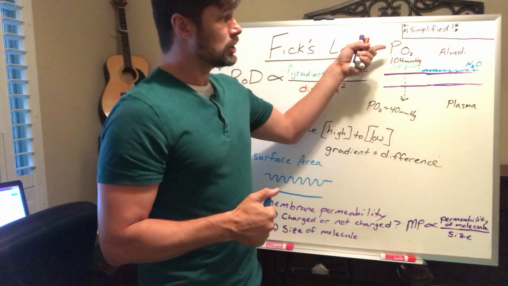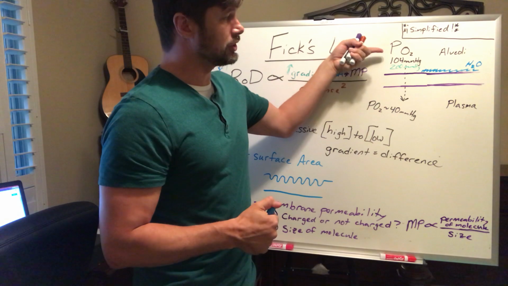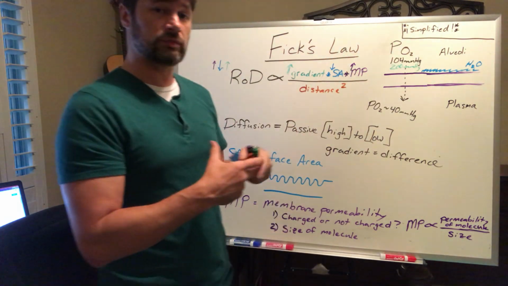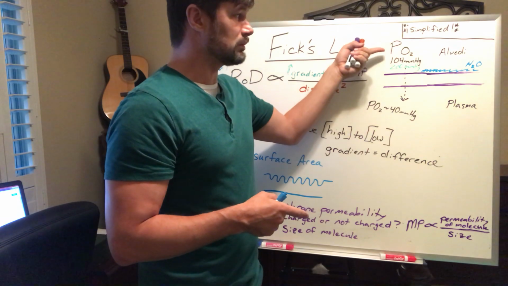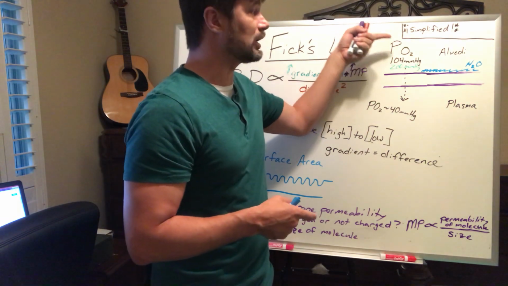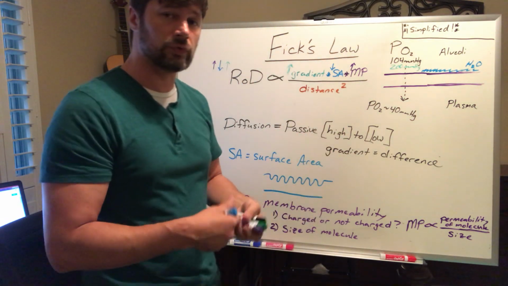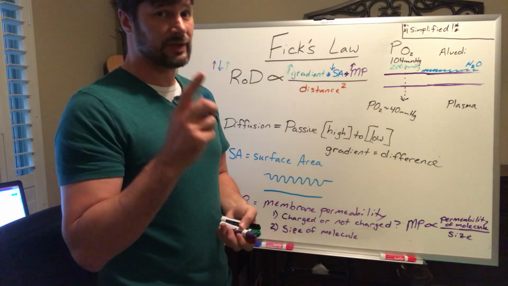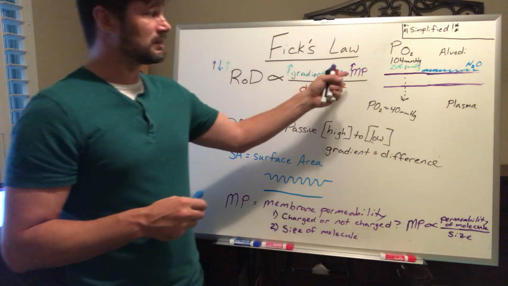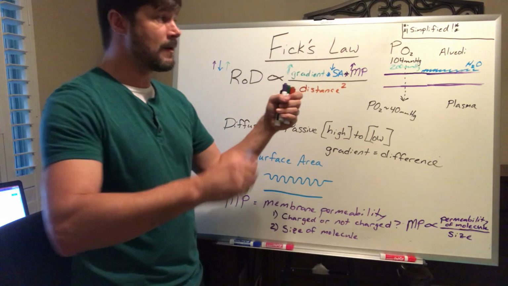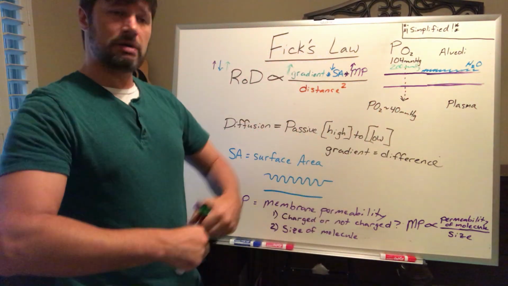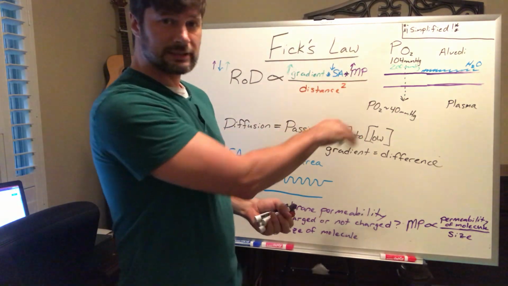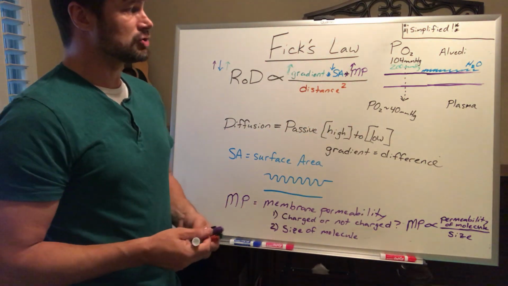Well, now we've got a non-polar molecule trying to go through an extremely polar molecule. This is a hydrophobic oxygen molecule trying to go through water. It's going to have a hard time doing that in the first place. So the membrane permeability starts to drop. In addition, water is a distance. It's a barrier. So it starts adding distance that oxygen has to travel.